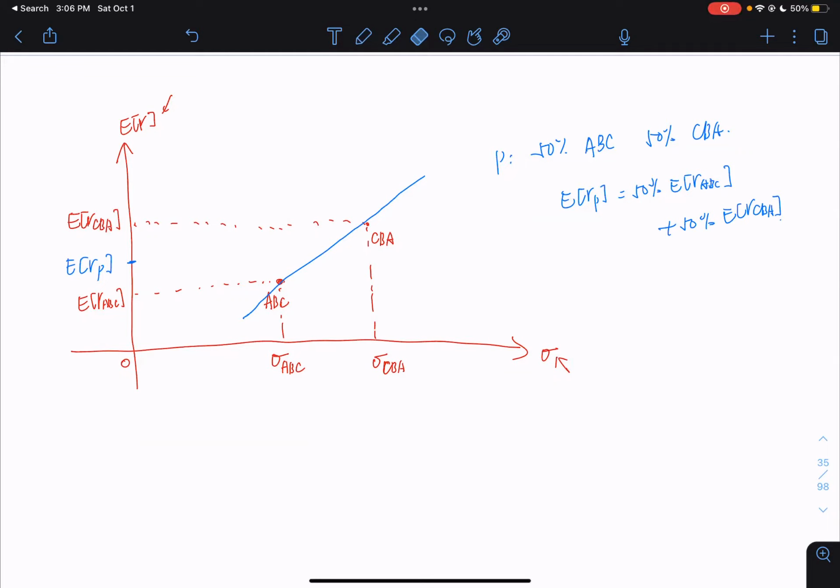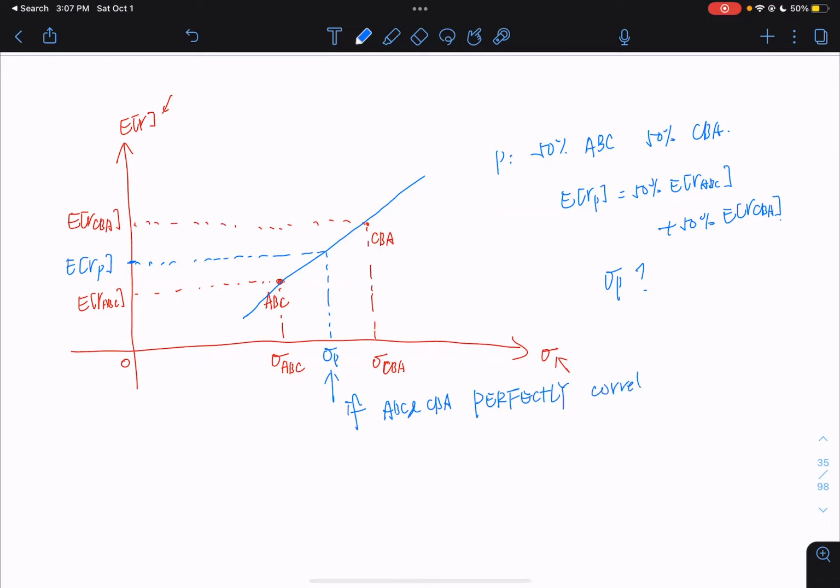The question is, what is your portfolio standard deviation, or portfolio sigma? Portfolio sigma will be here if ABC and CBA are perfectly correlated.